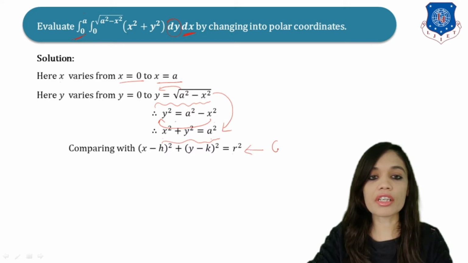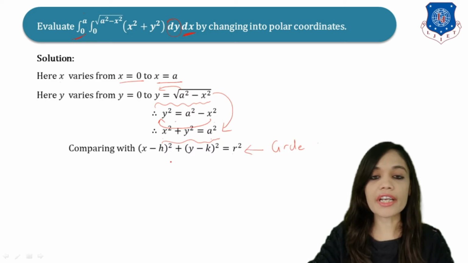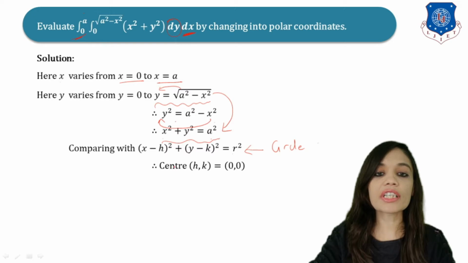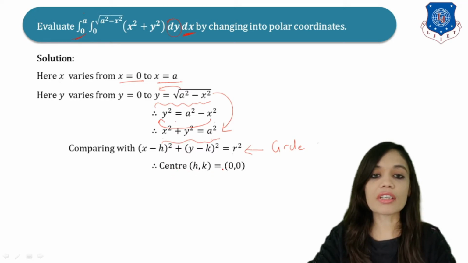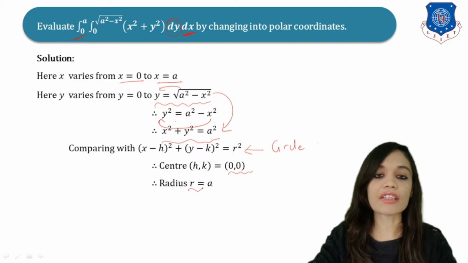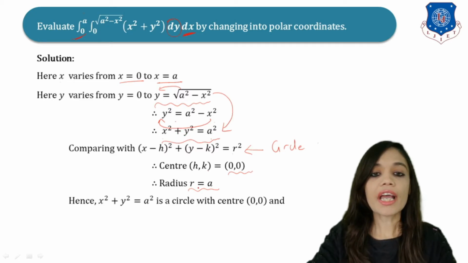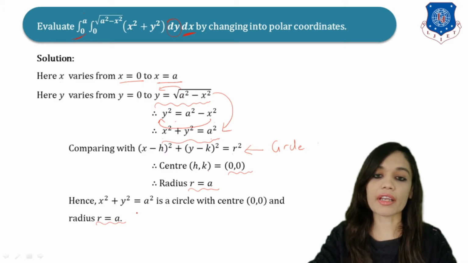This is the general equation of a circle. On comparing, you will get the center of the circle h, k as 0, 0, meaning the origin, and the radius r equal to a. So this is a circle with center at the origin and radius r equal to a.